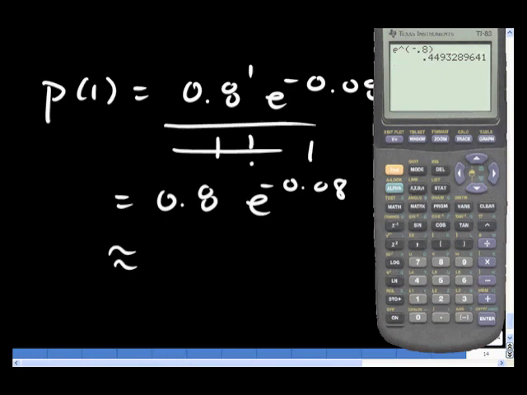Since we already have e to the minus 0.8 power, let's multiply that answer by 0.8. The 4 is in the 10,000ths position, and the digit to the right is a 6, which indicates that we must add 1 to 4, bringing the approximate value to 0.3595.